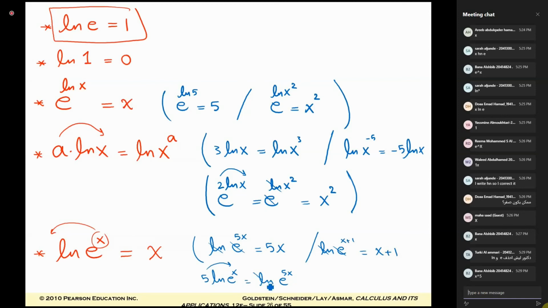Now we remove the e with ln, so we have 5x. We cannot remove e with ln directly when we have 5, or any number multiplied by the ln. We must have the ln with coefficient 1. Okay.